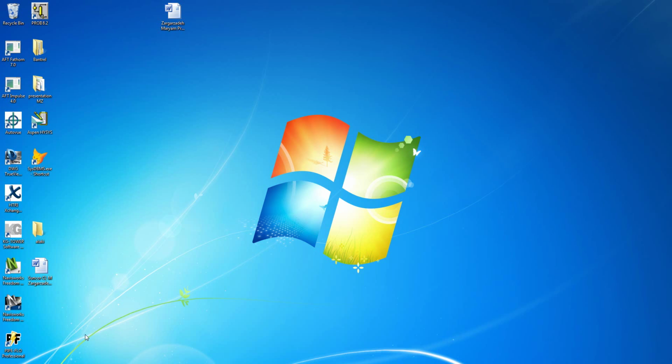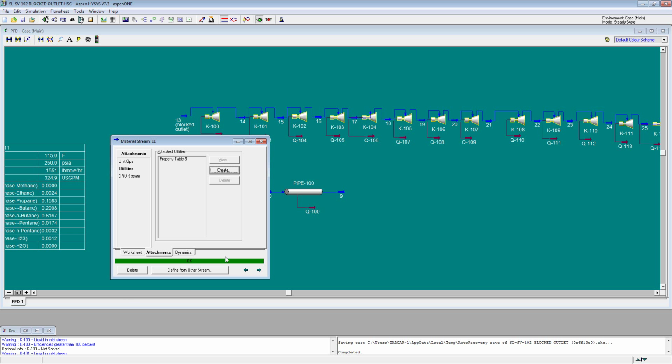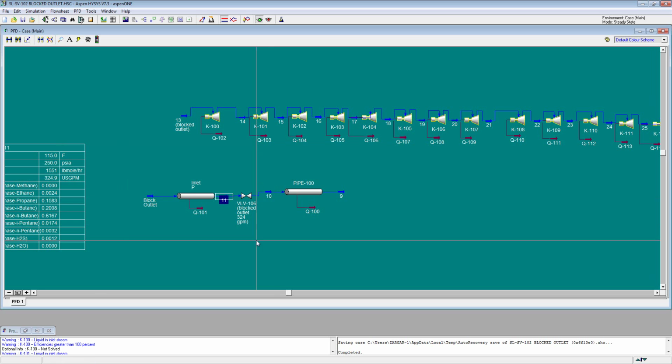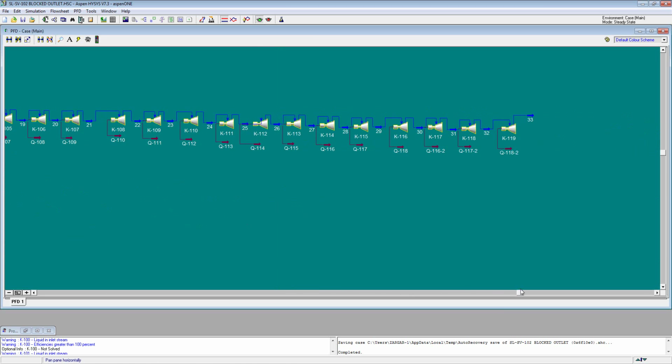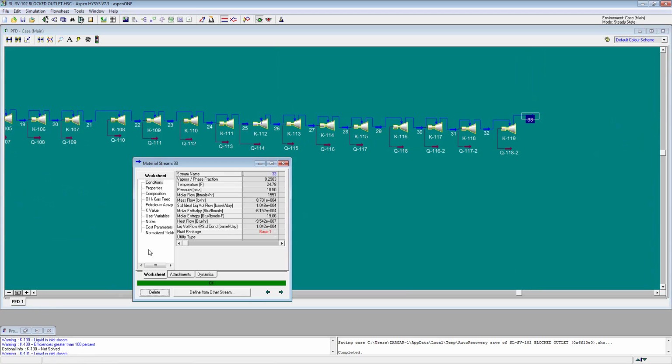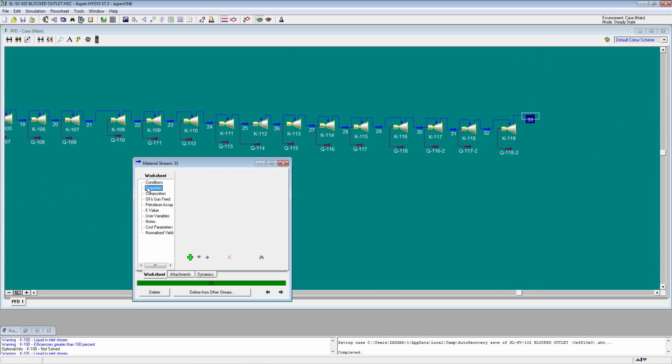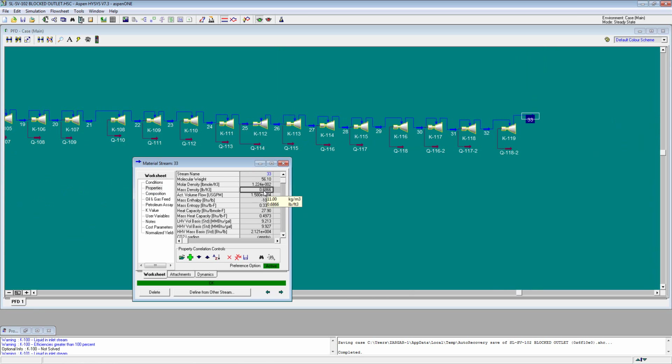At the end, I just want to show that these two methods are the same. If you check the last stream from the successive expander units, stream number 33, the molar entropy, if we go to properties, the mass density is 0.6866.